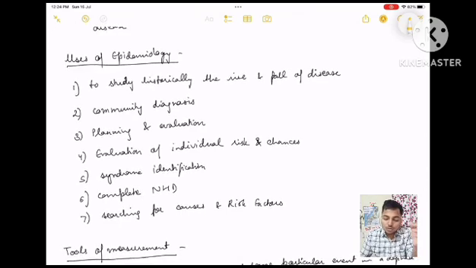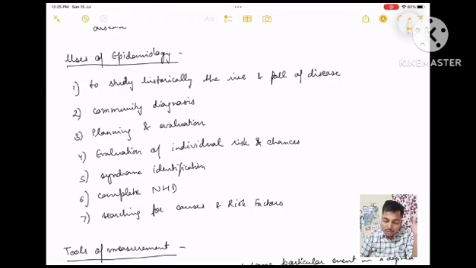Now come on to the uses of epidemiology. The first use is to study the historical rise and fall of a disease. Like plague, it was a very rampant problem in earlier times. Now it has declined. Similarly, non-communicable diseases, which did not happen so much in the past, are now extremely blooming.